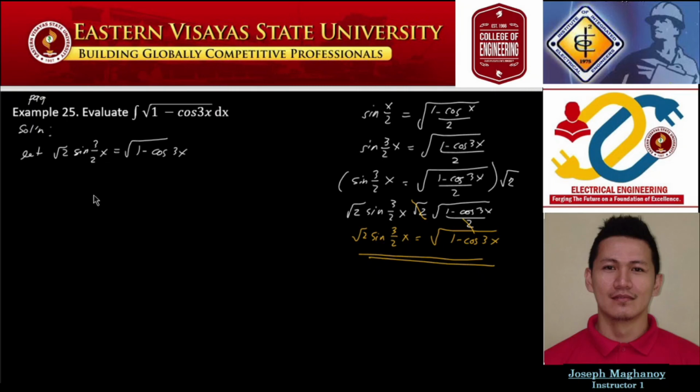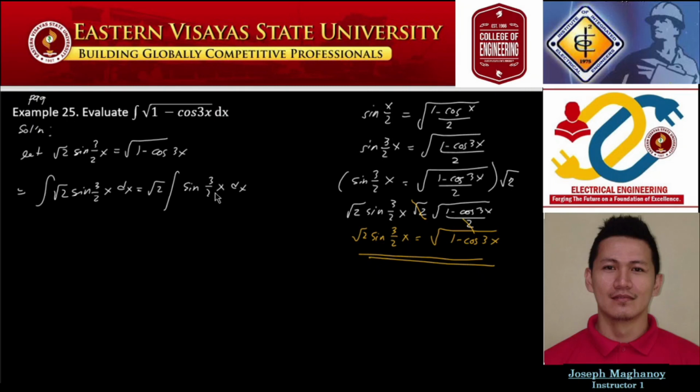Okay, so we rewrite our existing function and introduce our new variable: the integral of square root of 2 sine 3 over 2x and our dx. If we apply our property number 2, we carry out the real number constant: square root of 2, that is sine 3 over 2x dx.